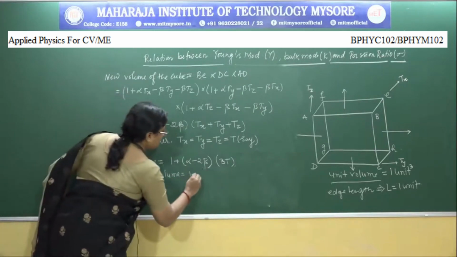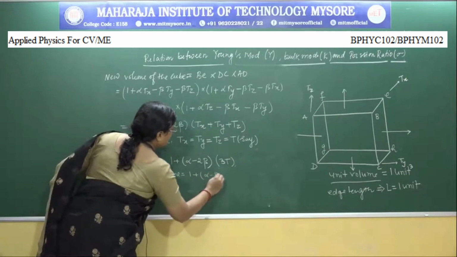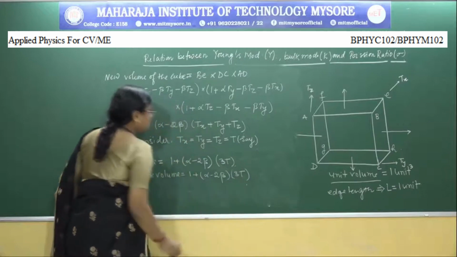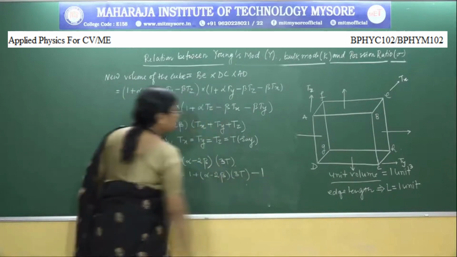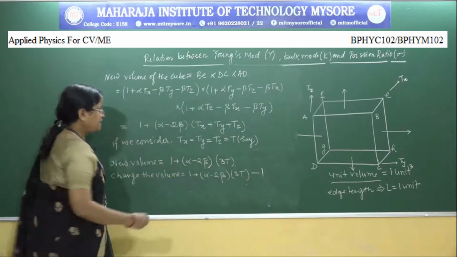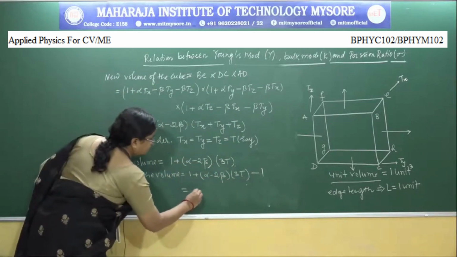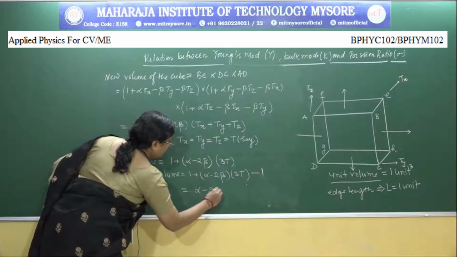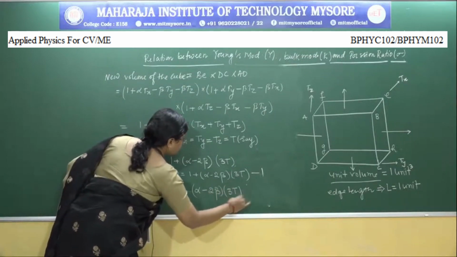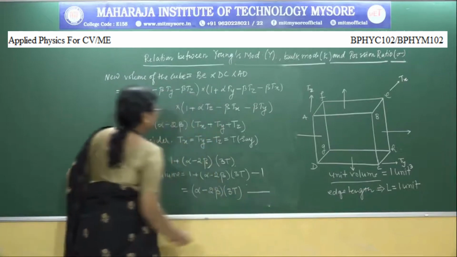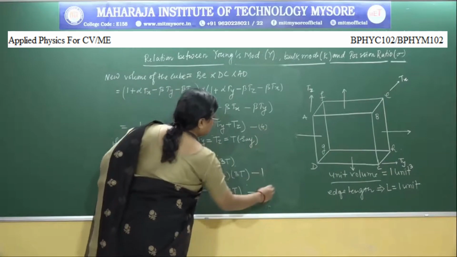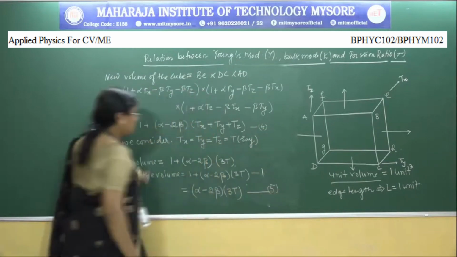The new volume is 1 plus alpha minus 2 beta into 3T, and the original volume is 1, so we have to subtract that. The change in the volume is alpha minus 2 beta into 3T. We will write this as equation number 4 and equation number 5.